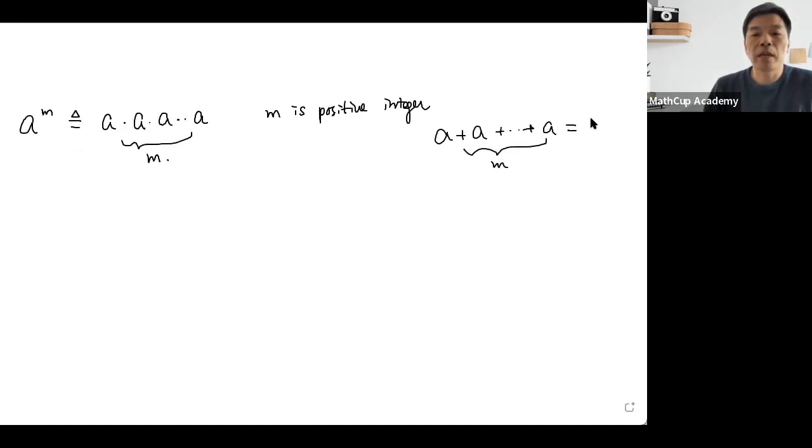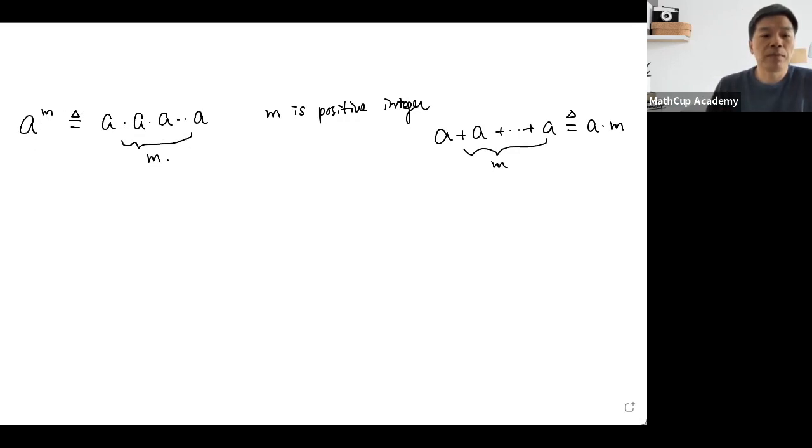This is like a times m. M a's adding together can be written as m times a or a times m. So a to the power m is really a shorthand, and this is the definition: a to the power m is a times a times a, m times.